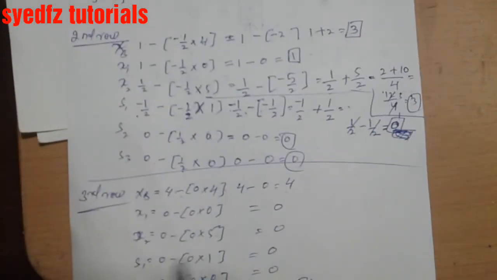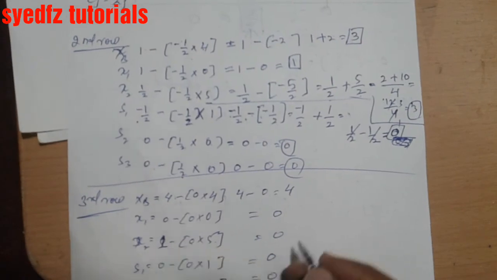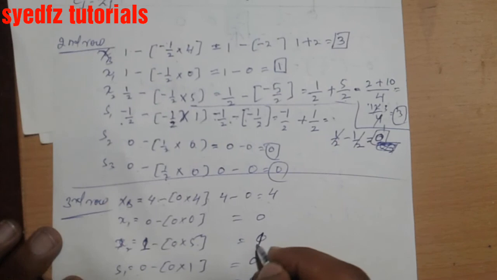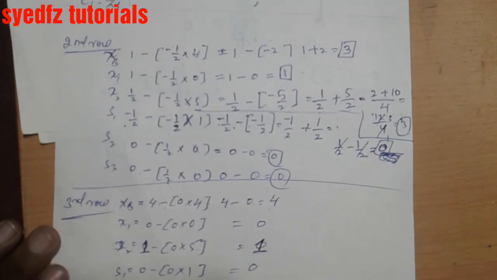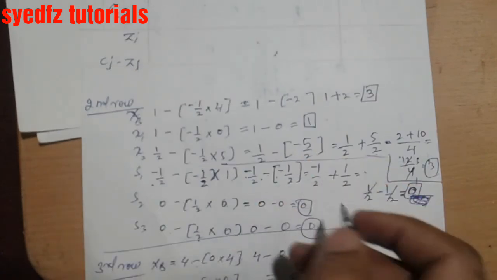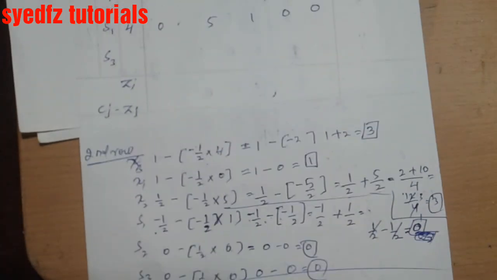Why? Because x2 is 1, so it will affect the last problem, so that's why I have rechecked the problem. We should not get any problem. So we got the same for the third row, 4 0 1.